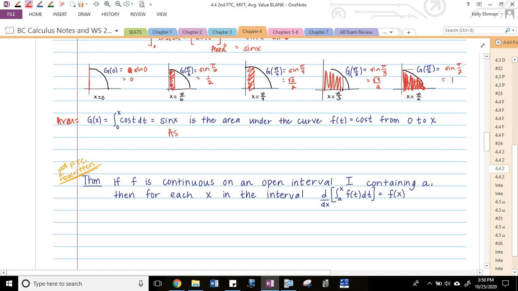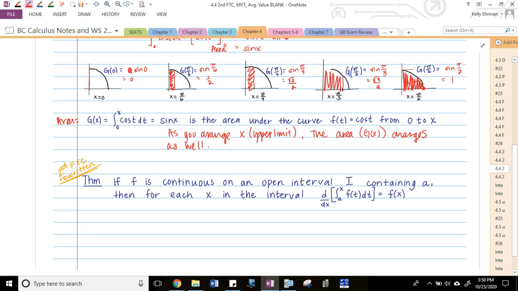As you change x, which is the upper limit, the area, which again in this case was g of x, changes as well. G of x is accumulating area in this case. The area was getting bigger as we went from 0 to x.